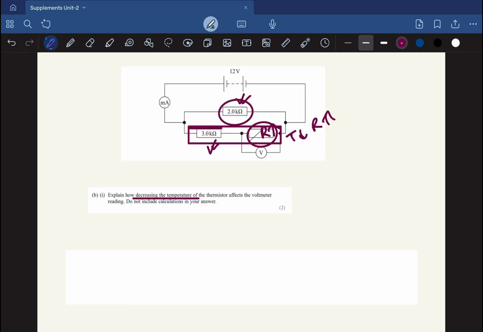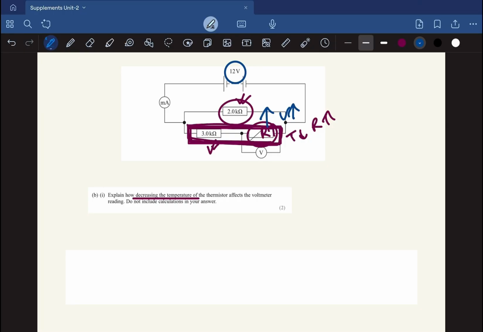So as these both are in series, now in a series circuit we know if something's resistance increases, then the voltage it gets will also increase. So it will be getting more potential difference. The potential difference across the component increases.